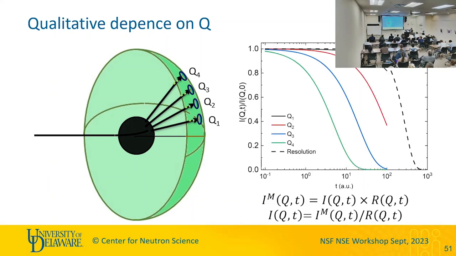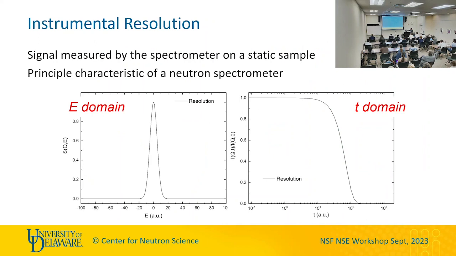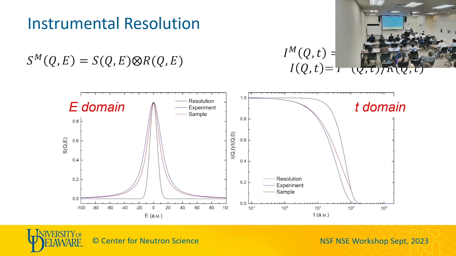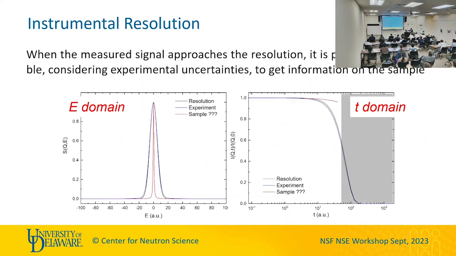So things will look like this as you change Q, going from low Q to high Q. And remember, the resolution limit will tell you what is the maximum time scale that you can probe. I think essentially this is it. I'll let Michi go from here.